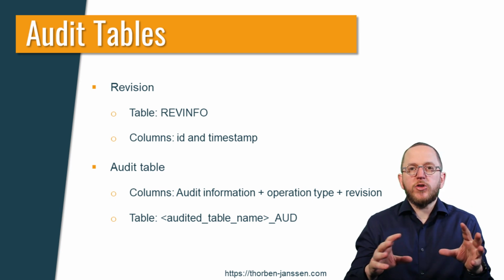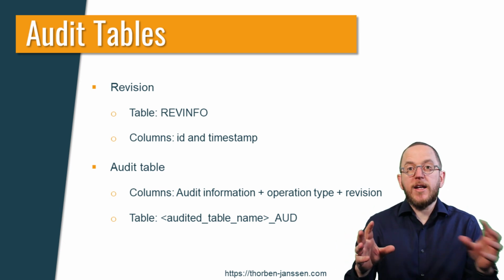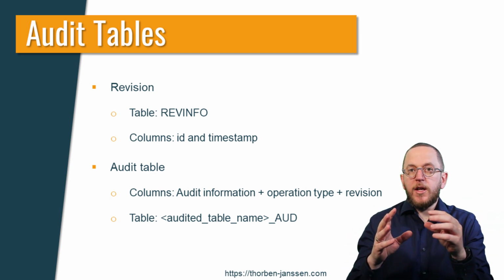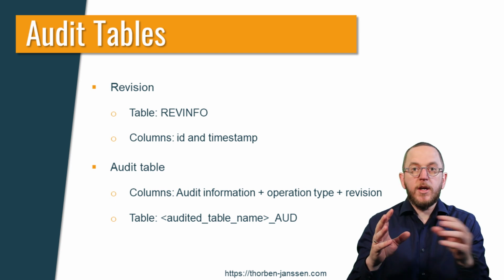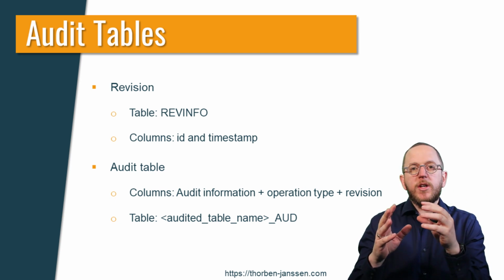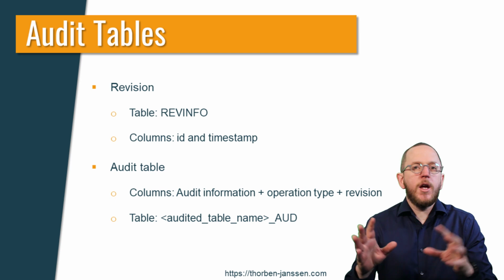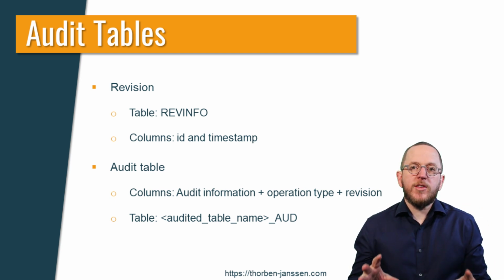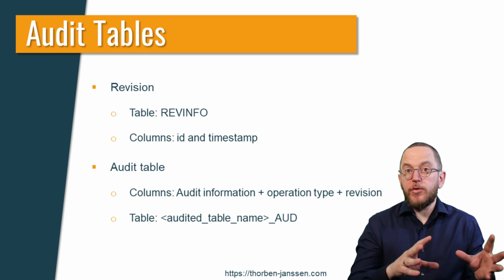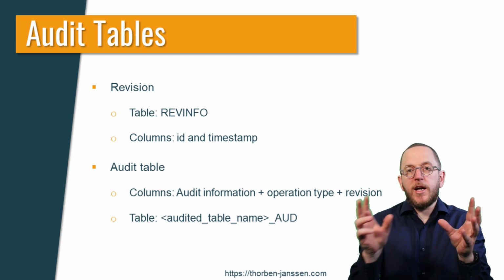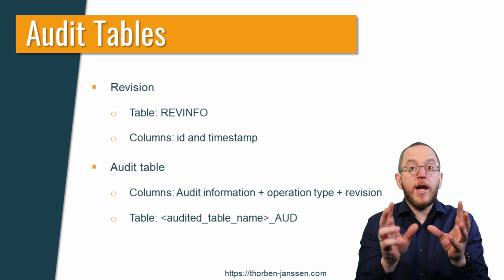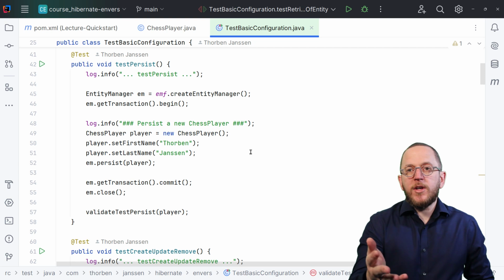These tables match the audited tables and add a reference to the revision in which this record was written and an enum value for the type of operation performed. By default, the name of these tables consists of the name of the audited database table and the postfix _AUD. You'll see an example of those tables when we run this test case.